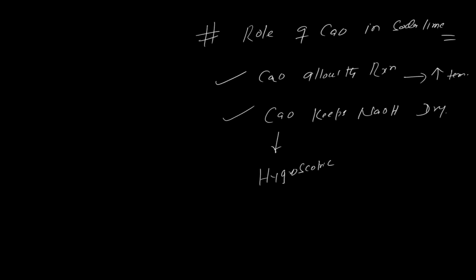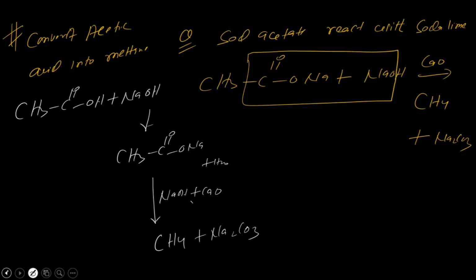So it keeps the NaOH dry, and if the NaOH is dry, it will react efficiently. What is the ratio of sodium acetate and soda lime? The ratio is 1:4. One part sodium acetate and four parts soda lime. The 1:4 ratio is preferred, and this is also very important.